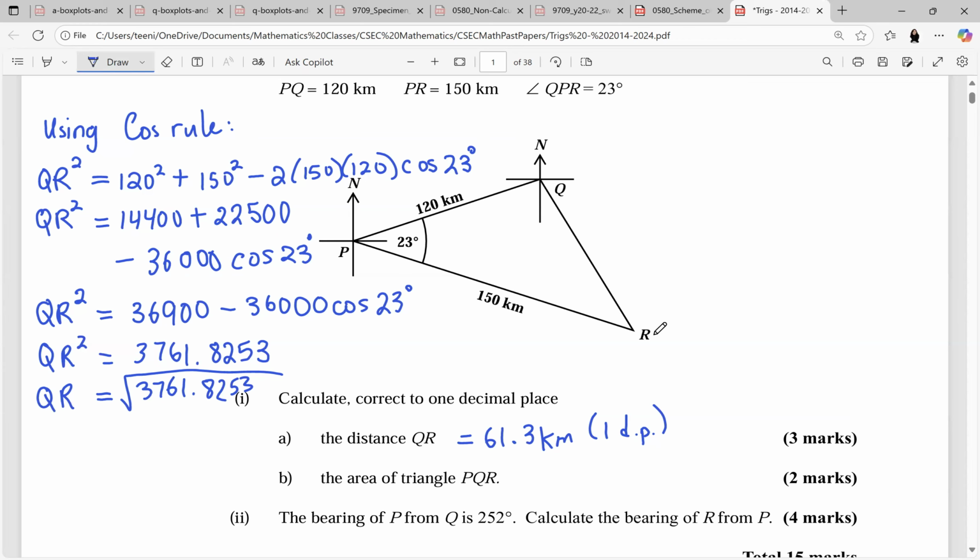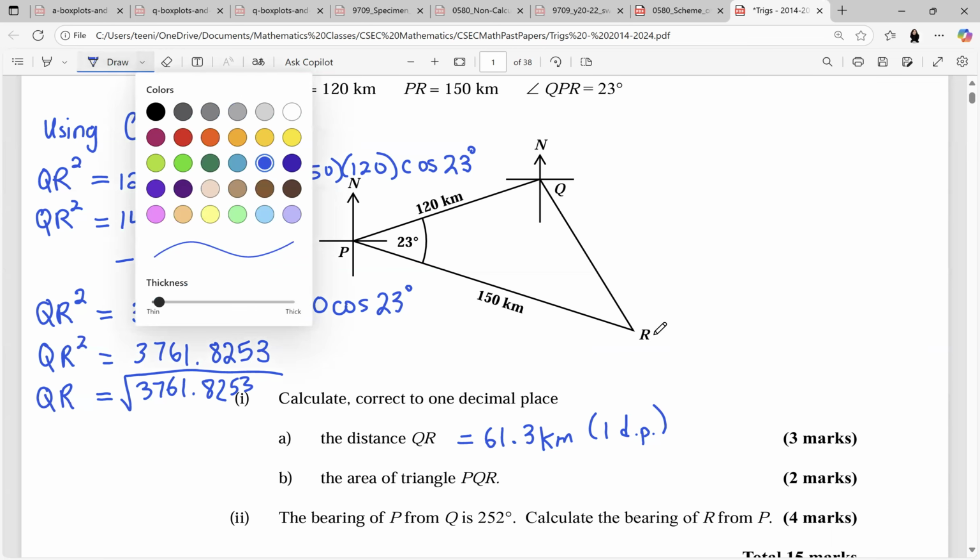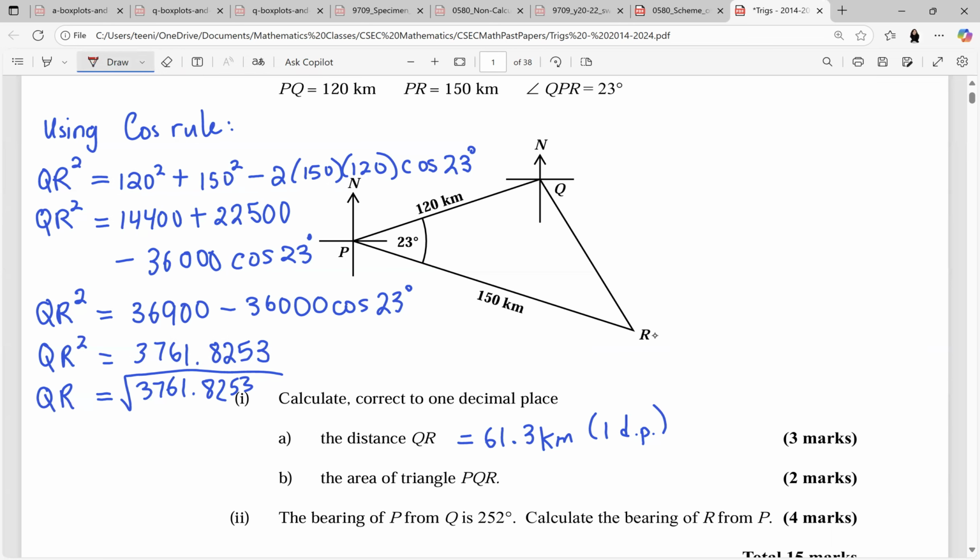Typically, to find the area of a triangle, you need to use the formula base times height divided by 2. But in this triangle PQR, I do not have the base nor the height. There is a formula that uses the sine of the angle and the two included sides, also given in your list of formulae.